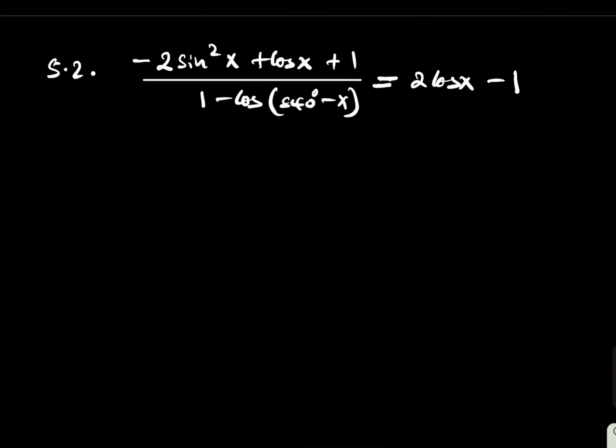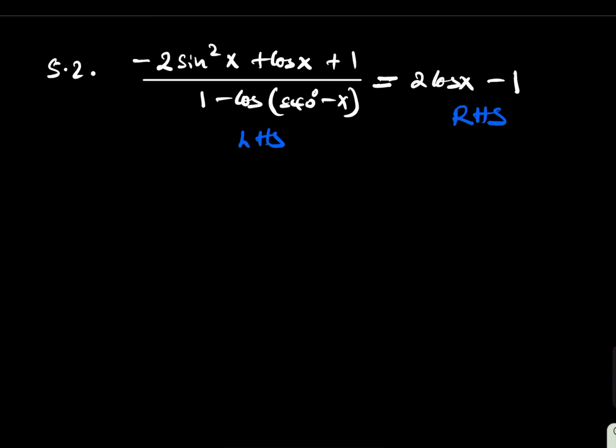Now, I don't want to waste time. I'm going to prove it. Because this is your left side and that is your right hand side, I advise my students to always prove the side that is more complex than the other side. So you have two sides here, the left hand side and the right hand side. You are going to look at the complex side and prove from there.